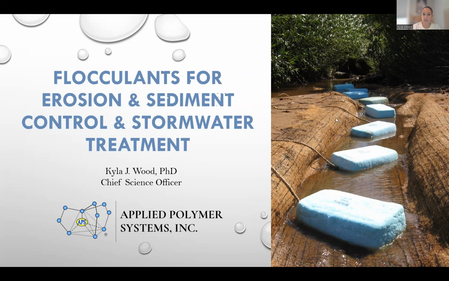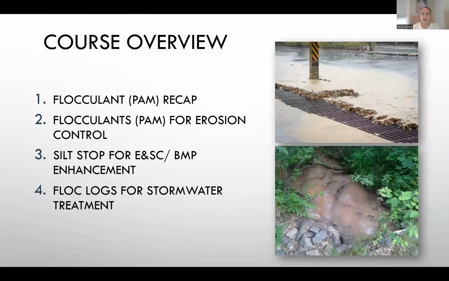As I just mentioned, we're going to do a brief recap. Flocculants are used for a lot of different types of applications. I've split them into kind of two categories. We have flocculants for erosion control and terrestrial applications, where we're preventing movement of sediment off of slopes during rain events.